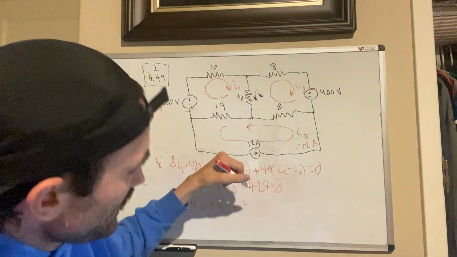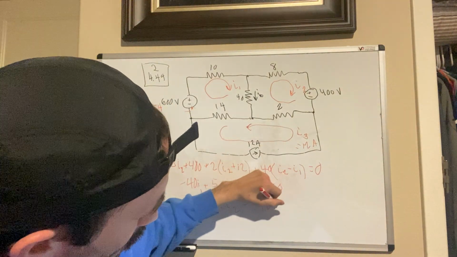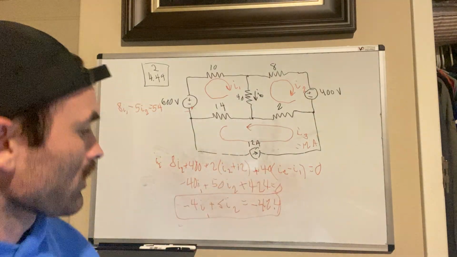Then we divide by 10, and we're left with negative 42.4. Okay, so this is our second equation.